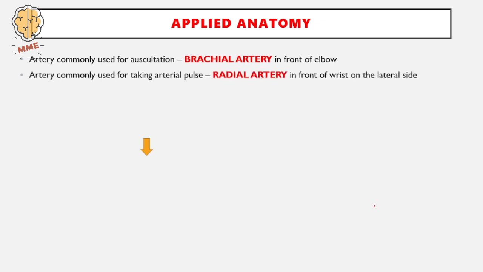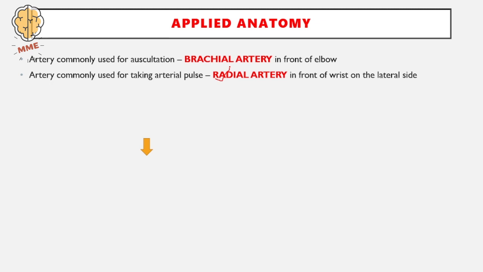The artery commonly used for taking the arterial pulse is the radial artery in front of the wrist on the lateral side. Even the ulnar artery also gives us pulsation, but the radial artery lies lateral to the flexor carpi radialis tendon.